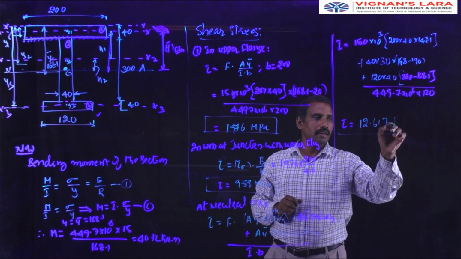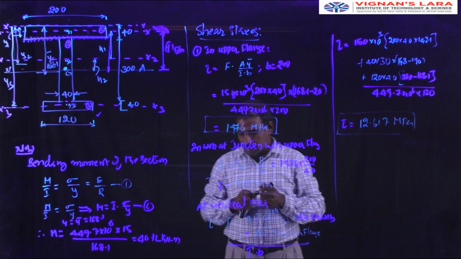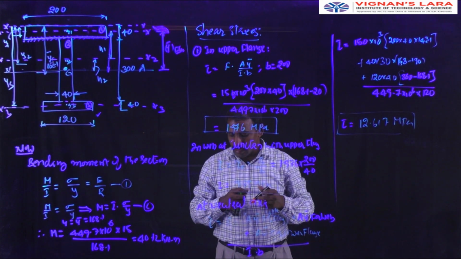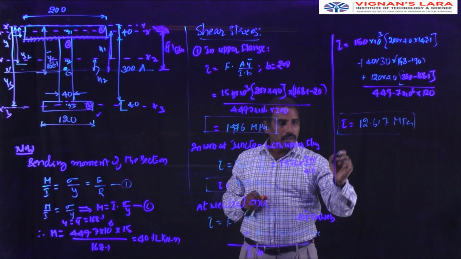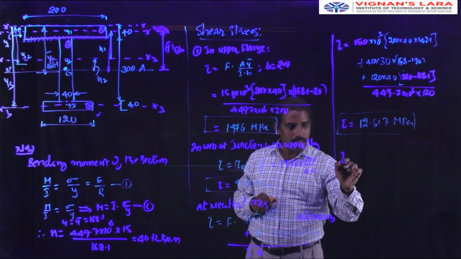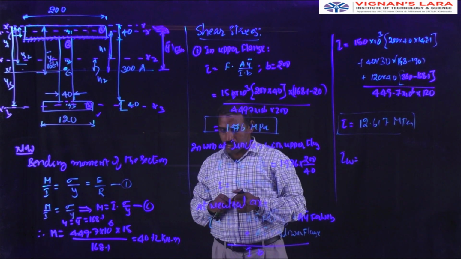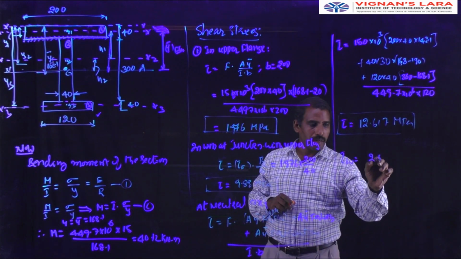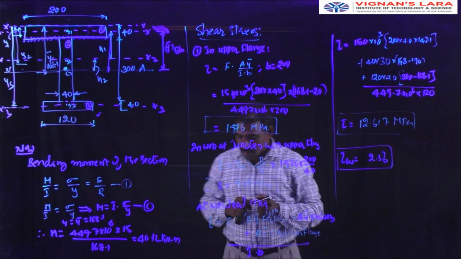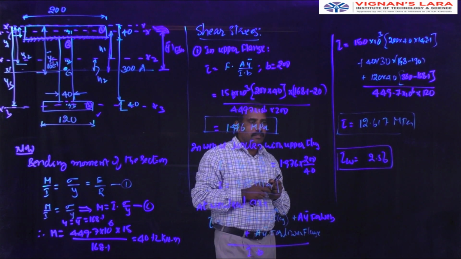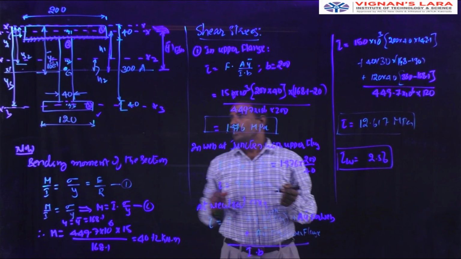12.617 megapascals. Similarly, we can find out the shear stress in the lower flange by using the similar procedure, it is 2.56. Then you can find out the shear stress at the junction of the lower flange.